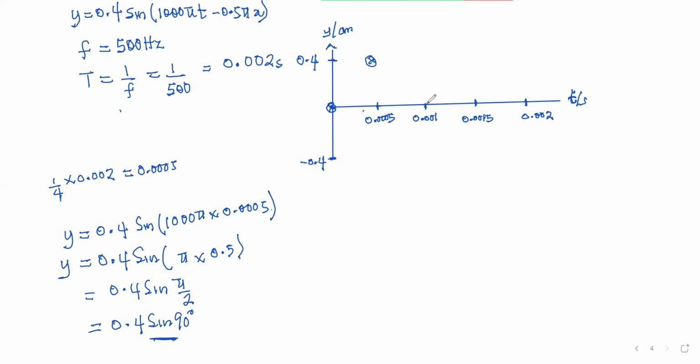At t is equal to 0.001, the displacement will be 0. You can confirm by using the equation. At time t is equal to 0.0015, the displacement will be equal to the negative of the maximum, the amplitude. You can put your values in to confirm. Then at a time t is equal to 0.005, the displacement will be 0.